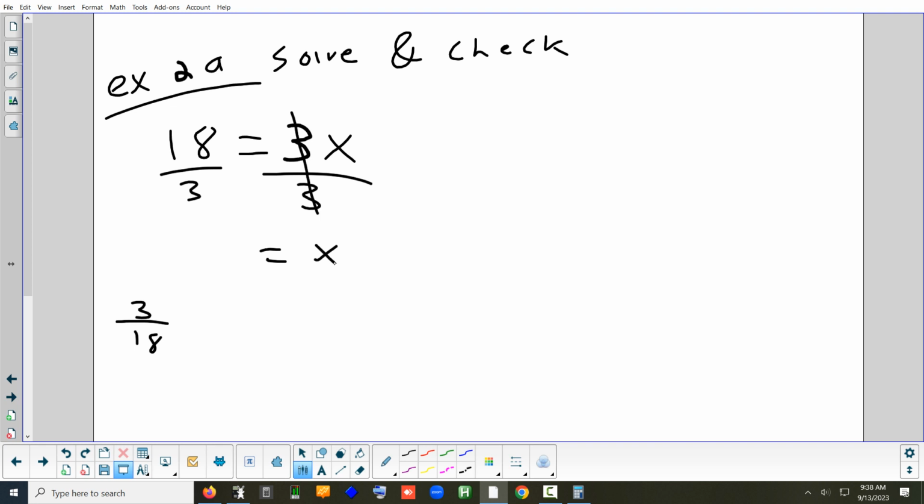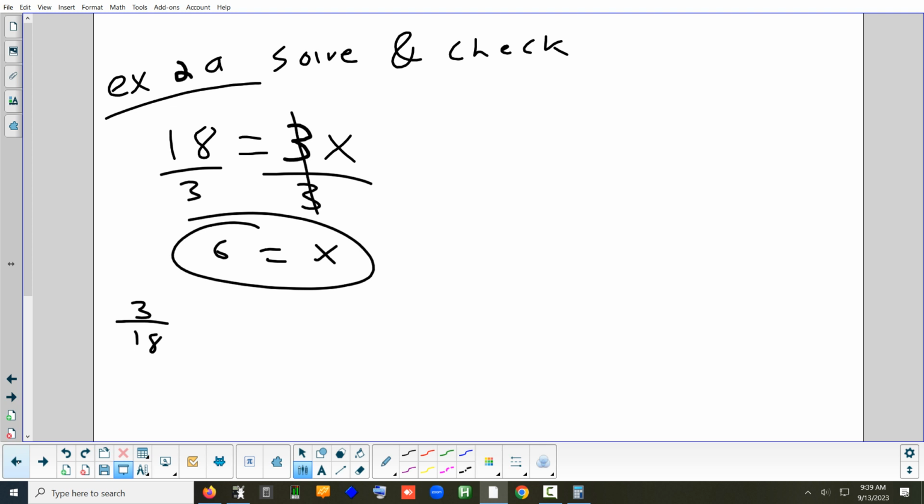And then on this side, 18 divided by 3 was 6. I think that's good. So x equals 6. Any question on that one? Okay. So let's take a look.